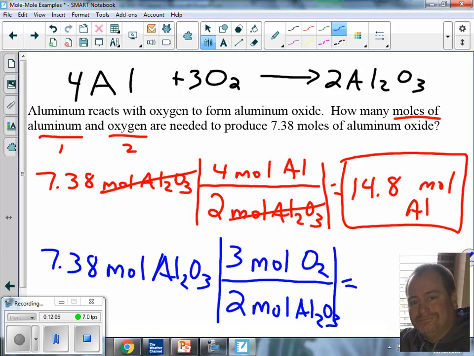Once again, I double check, do I get my cancellation to occur? Yeah, I do. So I know that my answer now is going to be moles of oxygen. I take the 7.38, I multiply it by 3. Once I get that answer, I divide it by 2, and I come up with 3 sig figs, 11.1 mole of oxygen.